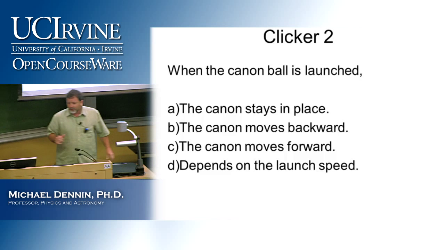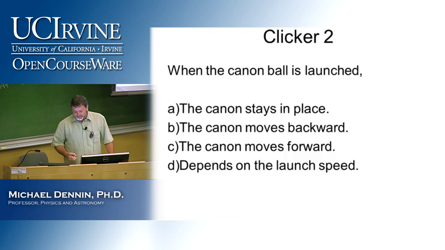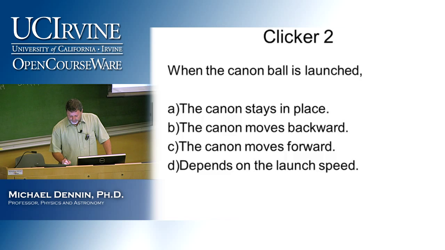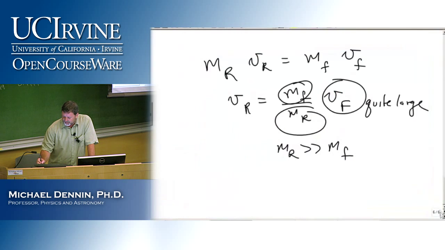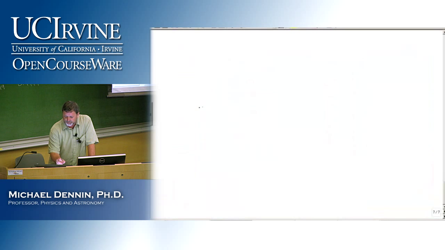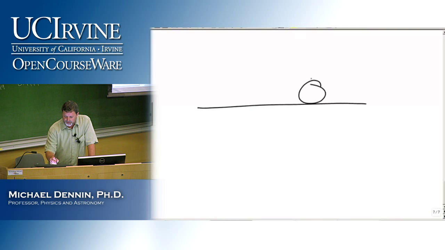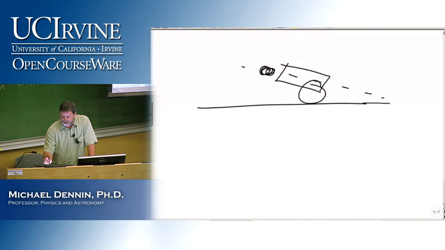So there you go. That's the rocket. But it's important to look at this in a little bit of detail, so if you see this on a problem, you don't make some of the common errors. So what I want you to do: here's the cannon, and here's the cannonball. Let's suppose this whole thing is up 30 degrees from the horizontal.